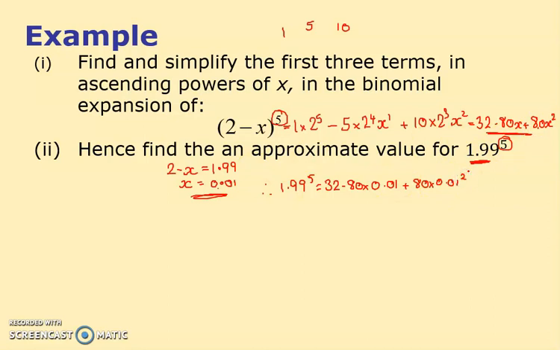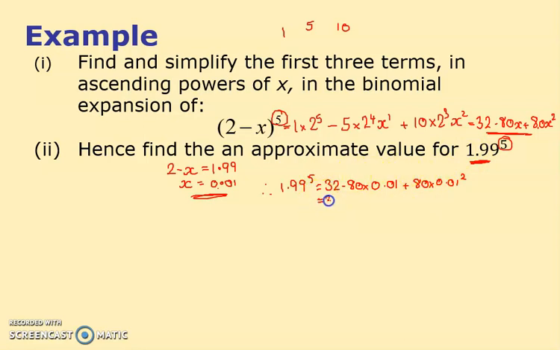So this is the method we use, and ridiculously, I've now got to type into my calculator. I suppose you could do this in your head, but I've got a calculator, so I'm just going to let it do it. And I get 31.208.